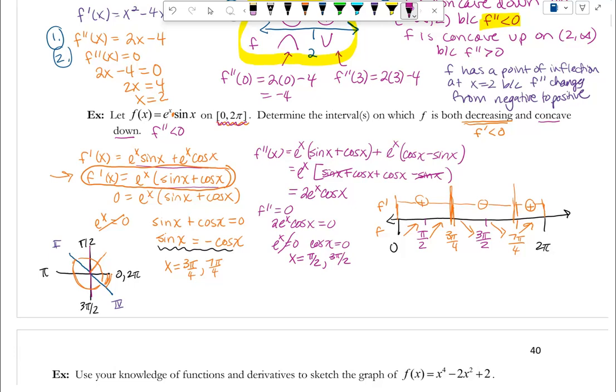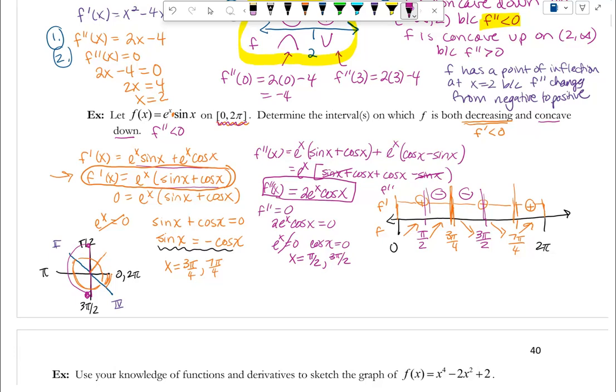So from pi over 2 to 3 pi over 2, remember, my second derivative is 2e to the x cosine of x, and I know the 2e to the x piece is always positive, so I really just have to think about the sign of cosine, and that is where cosine is negative. So on this interval, my second derivative is negative, although I don't really care what's happening before 3 pi over 4, and then it's negative here until I get to 3 pi over 2.